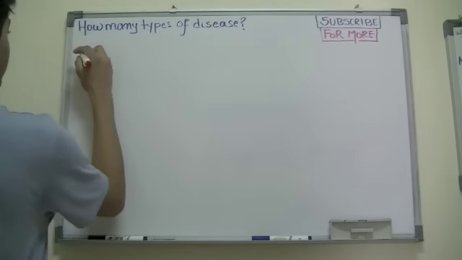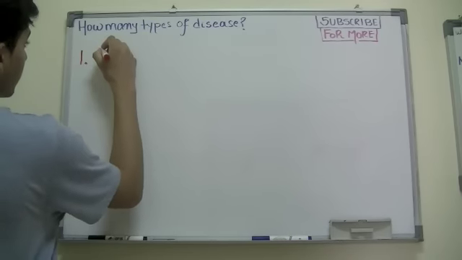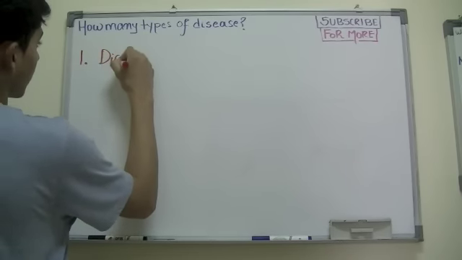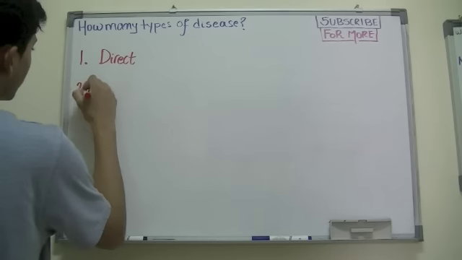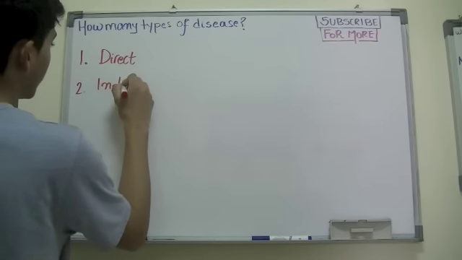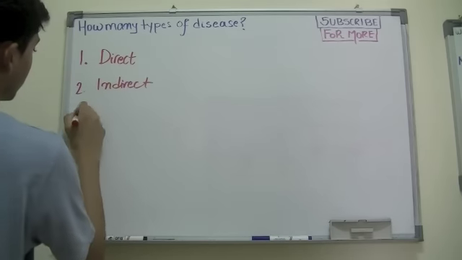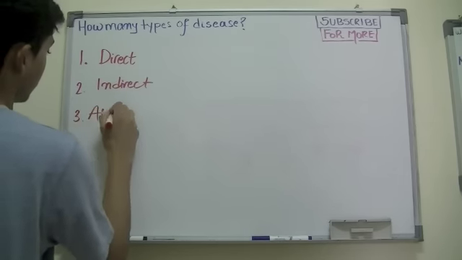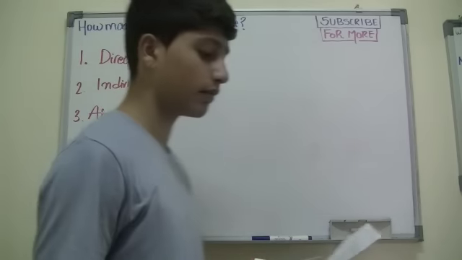First, pathogens can be spread by direct contact, indirect contact. Air is what we are going to talk about.